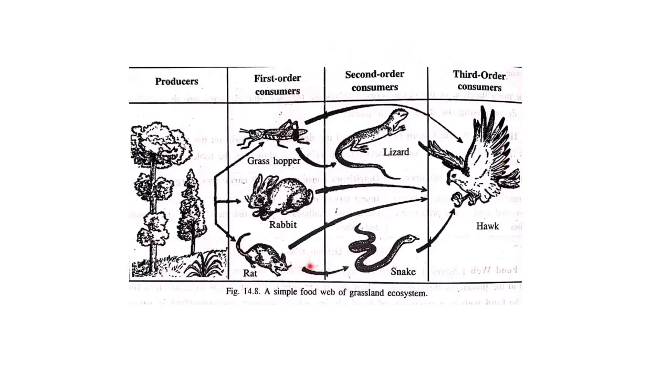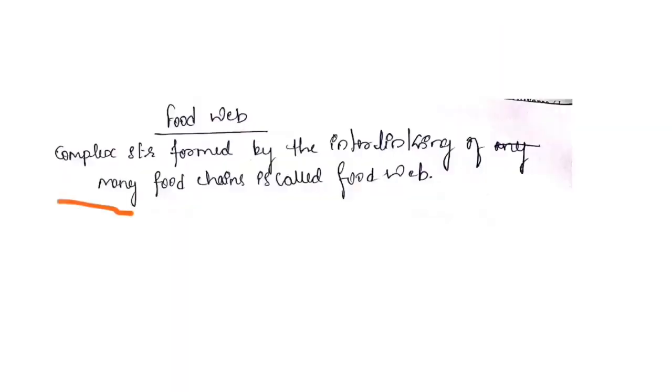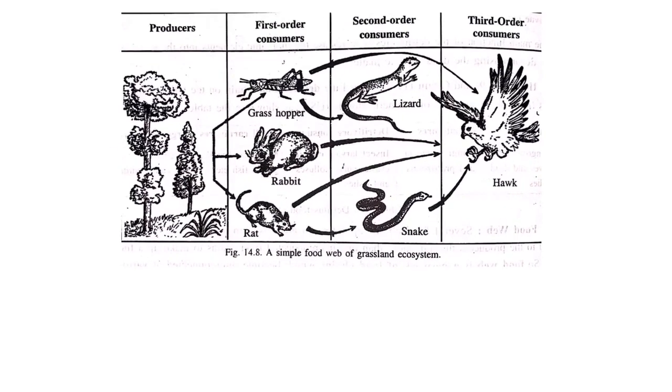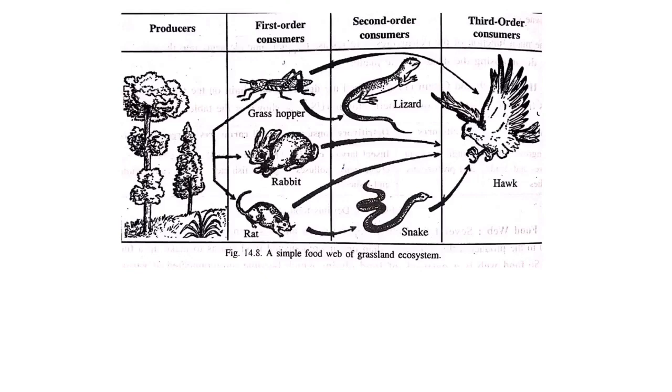See here, grass is eaten up by the rat. Rat is sometimes directly eaten up by the hawk, and sometimes rat is eaten up by the snake, and snake is eaten up by the what? Hawk.